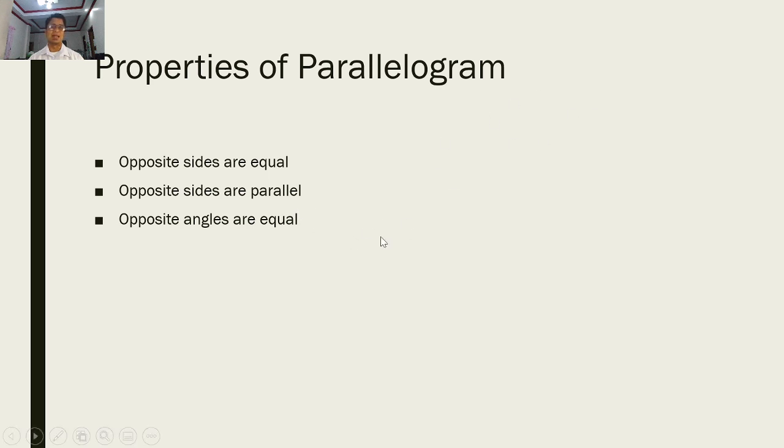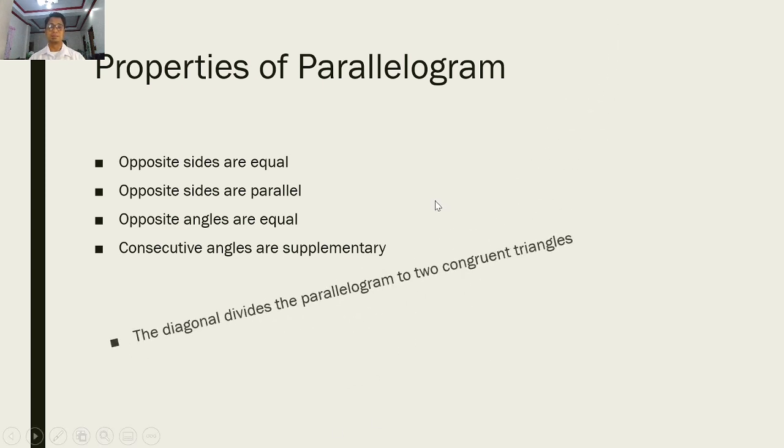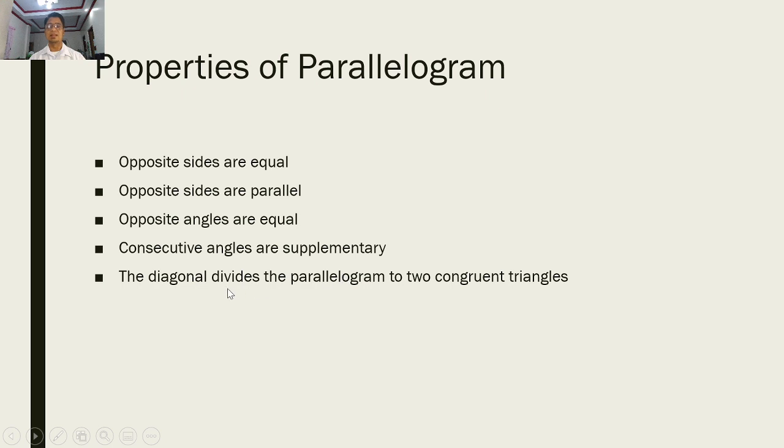So yung magkatapat na angle, equal sila. Number 4, consecutive angles are supplementary. So yung magkasunod na angles are supplementary, which means pag inadd natin, 180 degrees yung magiging sum nila. Number 5, the diagonal divides the parallelogram into 2 congruent triangles.